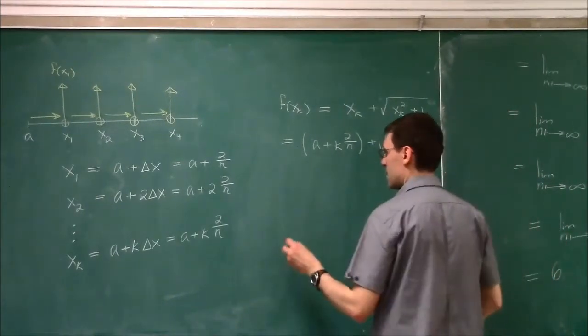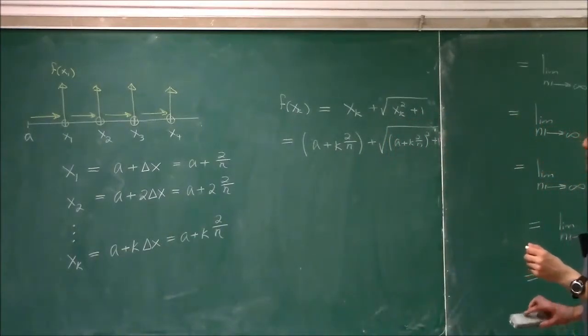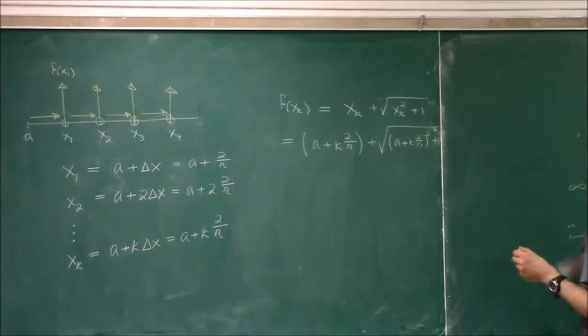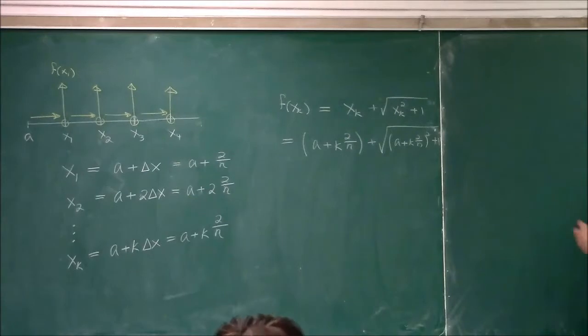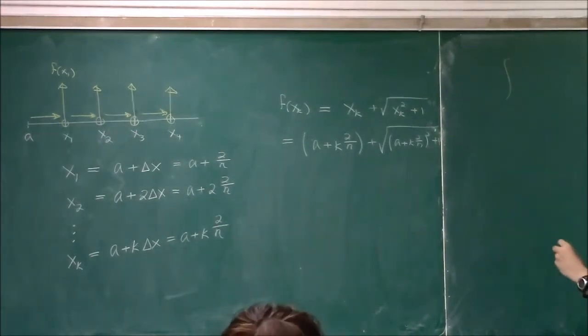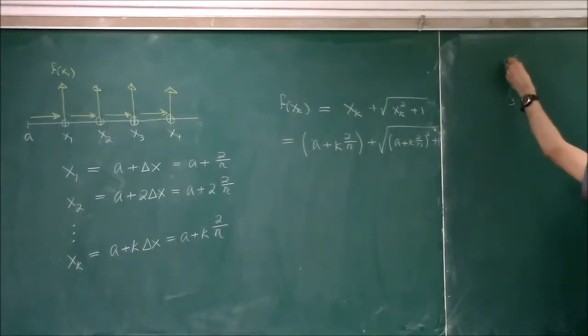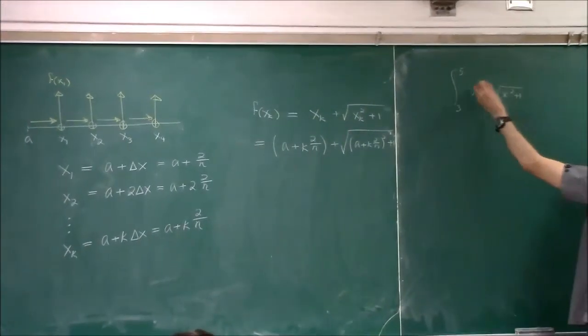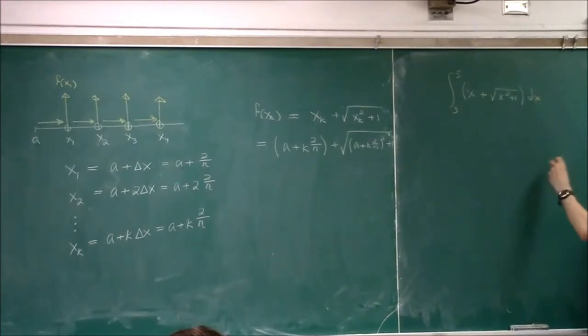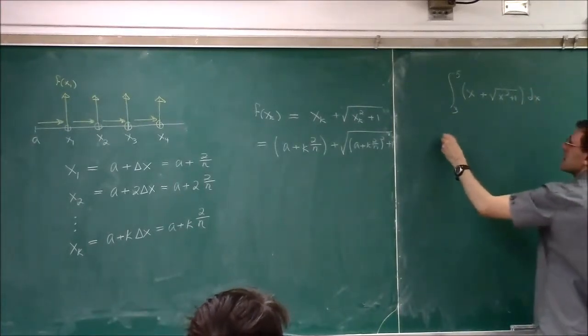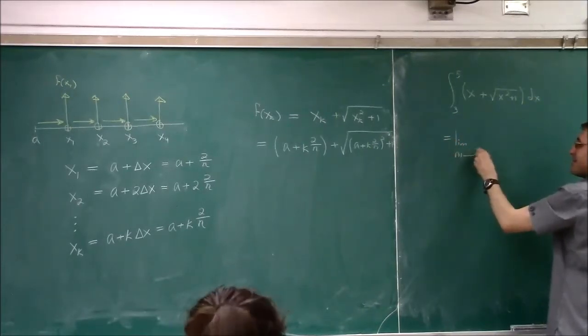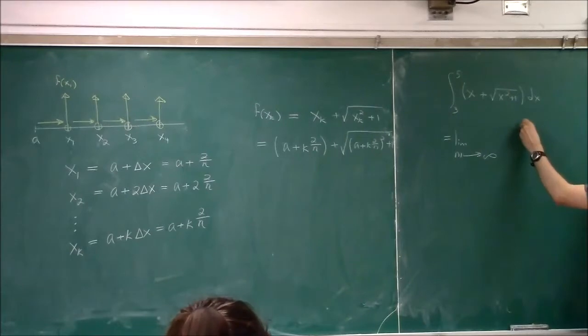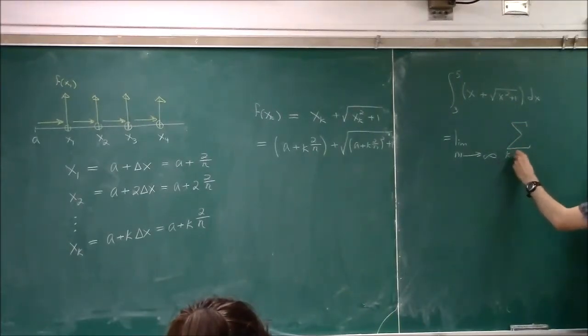So therefore, the integral from 3 to 5 of x plus root x squared plus 1, this is the limit as n goes to infinity of summation k equal 1 to n.